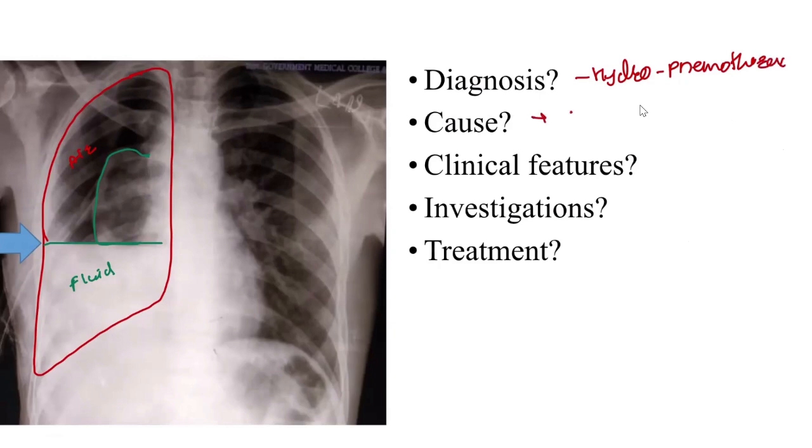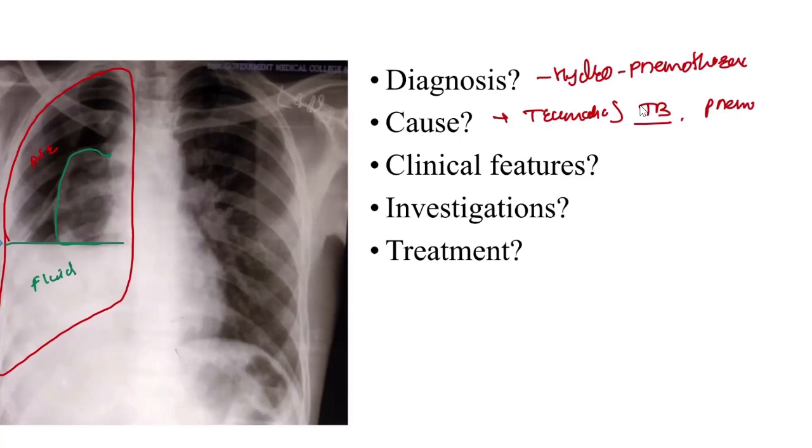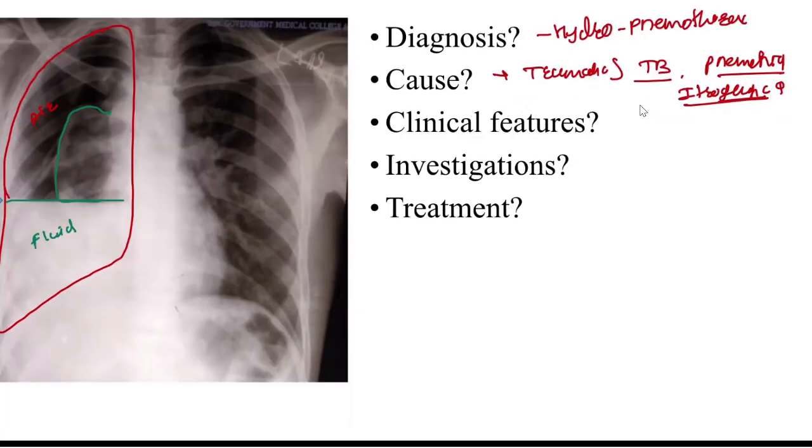Hydropneumothorax. What are the causes? This can be traumatic, or tuberculosis, or pneumonia, or iatrogenic, for example during central line insertion. Clinical features: the patient may present with respiratory distress, tachycardia, tachypnea.